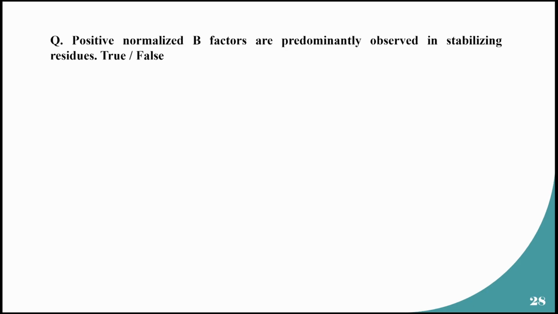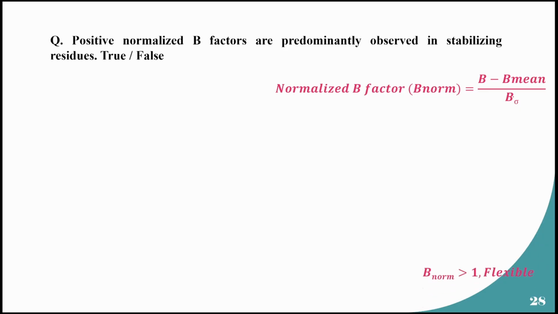Okay. Now there is another concept which is called normalized B factors. So what normalized B factors are is that you have to calculate this by B minus B mean divided by B sigma. So the B factor minus the mean value divided by the sigma value, right? So if you calculate that, what you will find out is that if the B norm value is greater than 1, then you can call it a flexible sort of atom. Okay.